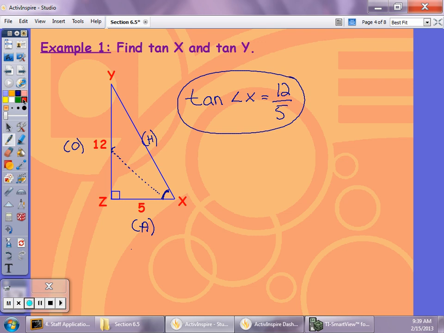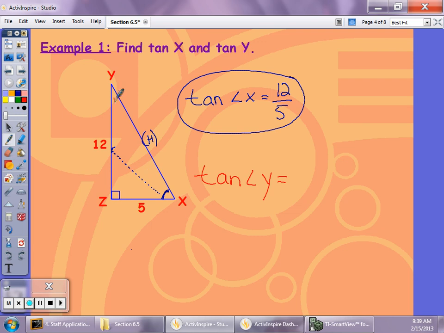For tangent y, we're going to follow the same ratio. The tangent of angle y is going to be equal to the side that's opposite over the side that's adjacent. For this example, the hypotenuse is still going to stay the same. It's the side that's opposite the 90-degree angle.